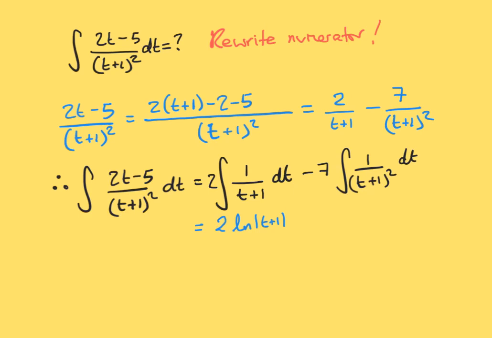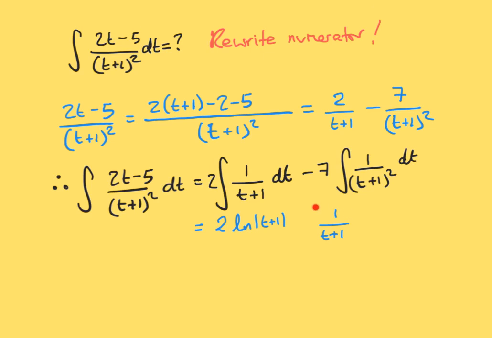Similarly here, when we integrate this, this is to the power of minus 2. So if we integrate it, we'd expect to add 1 to the power, or to put it differently, if I write 1 over t plus 1, which is t plus 1 to the minus 1, and I differentiate it, I would obtain the following. So this is t plus 1 to the minus 1.